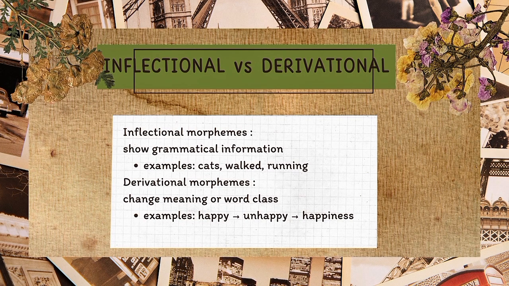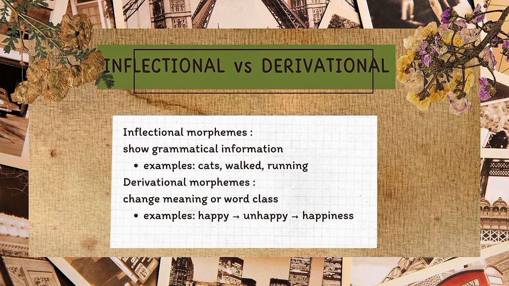For example, cat becomes cats, walk becomes walked, and run becomes running. The word is still a noun or a verb, but the form changes. Inflectional morphemes help us to show plural forms, verb tense, aspect, and comparison.